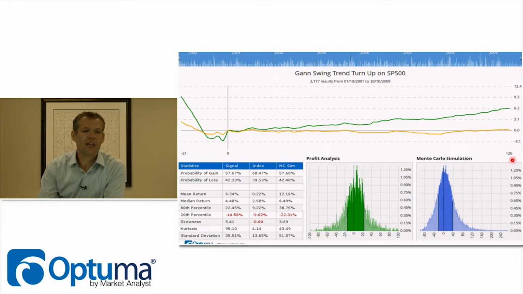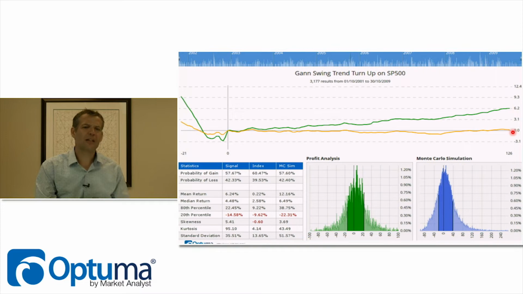And what you can see here, the green line is the performance of our signal, all 3,177 of them being averaged up. And here is their average performance, 6.2% over 6 months, while the market stays essentially flat. So that tells me that I've got some nice alpha.